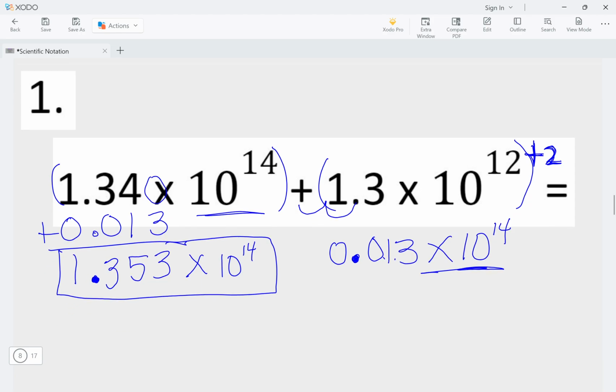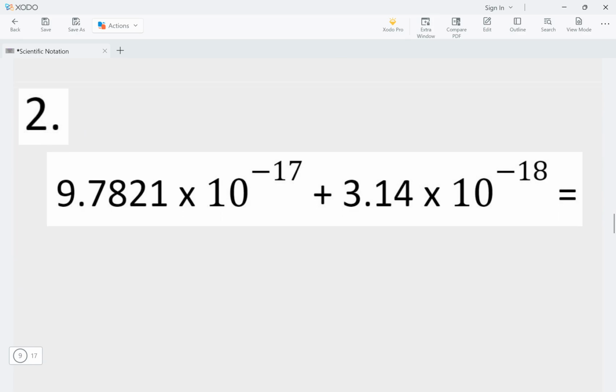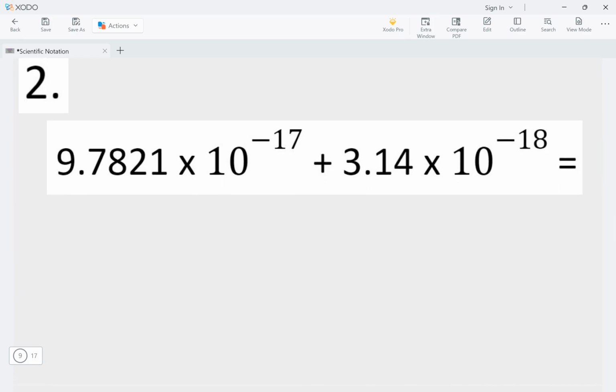All right, let's look at this one. I don't have the same powers, so I need to make them both the same. These are negatives, so I need you to remember that the smaller the negative, the closer it is to 1. So in order to make these the same, I'm just going to add 1 to this.